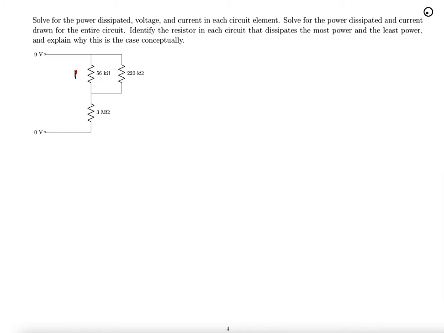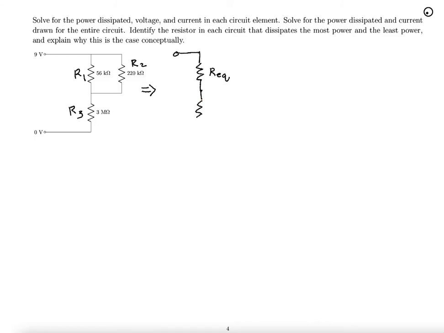Label some resistors. R1, I'm going to call R2, the one next to it, and R3, the one at the bottom. And the first thing I'm going to do is turn this into a problem where I have what looks like 2 resistors in series by making an equivalent resistor out of these top 2 over here, and then keeping the bottom one the same.